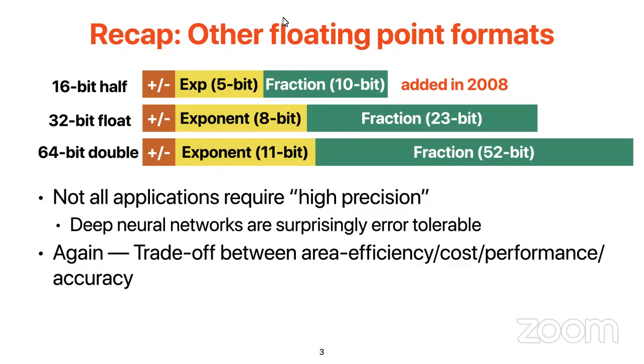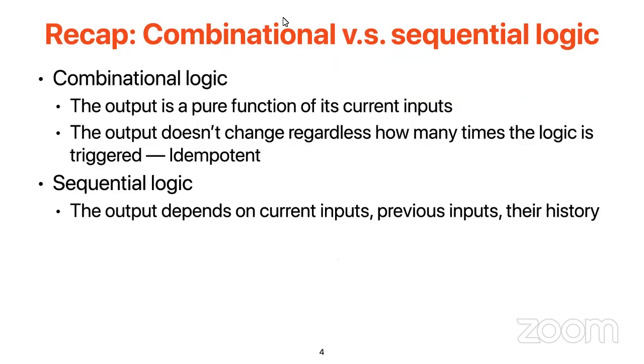After this, we know that we have talked before about so-called combinational logic, like the ALU in floating point, the adder, anything that we talked about so far. This combinational logic is a pure function of its current input, and the output doesn't change no matter how many times you invoke the logic.